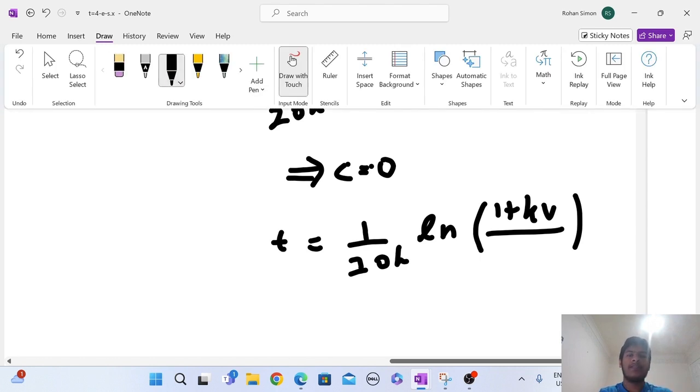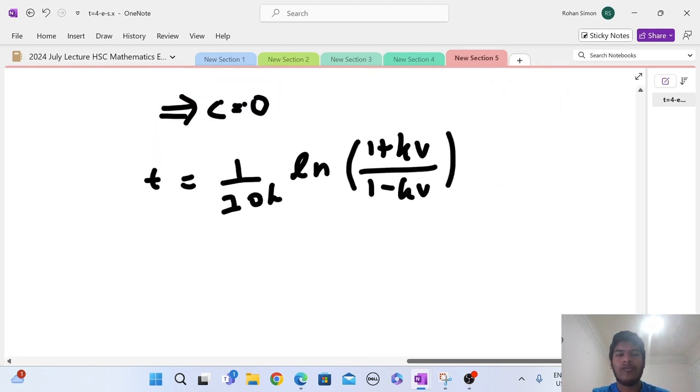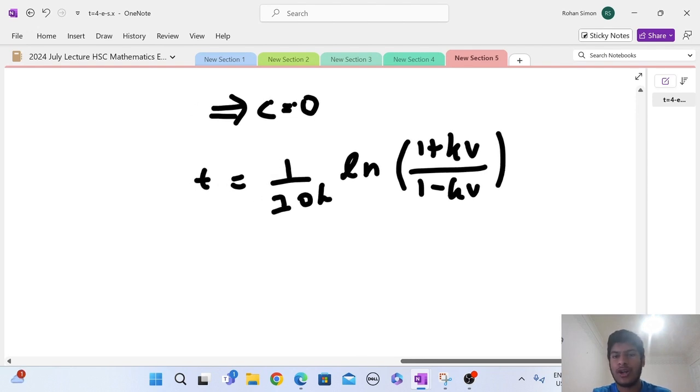Now, they've actually given us the value for k, but before we sub it in, we're looking for v in terms of t, right? We could, at this point, try and rearrange for v, but I think it might actually be quicker to solve for v after we sub in the numbers.